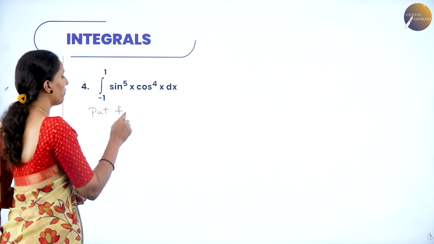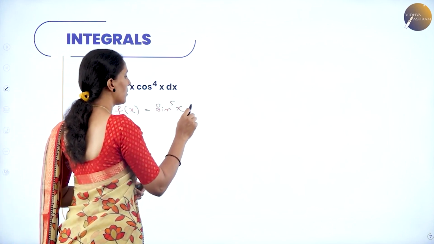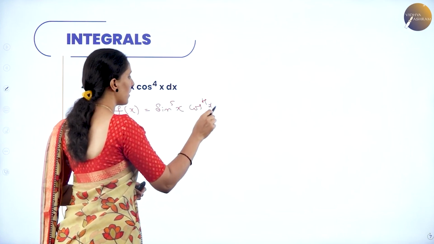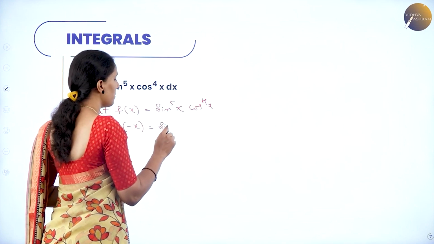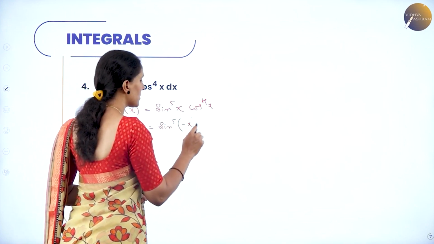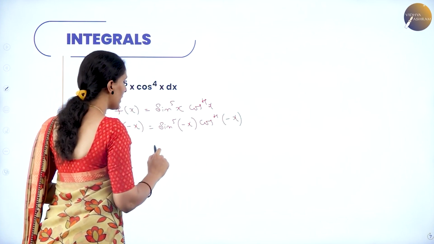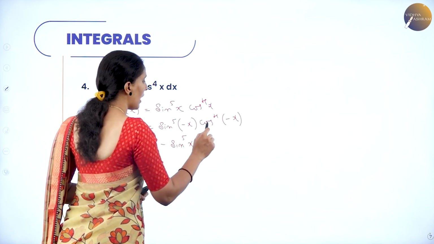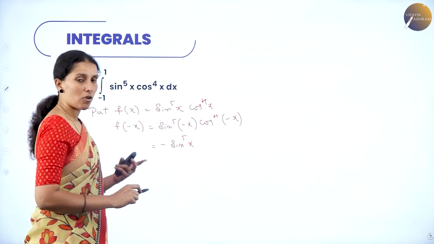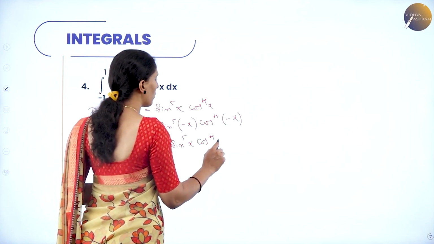Put f of x is equal to sine power 5x cos power 4x. Now replace with f of minus x, then it is sine power 5 of minus x, cos power 4 of minus x. Sine of minus theta is minus sine theta, so it becomes minus sine power 5x. And cos of minus theta is cos theta only, so therefore it is cos power 4x.